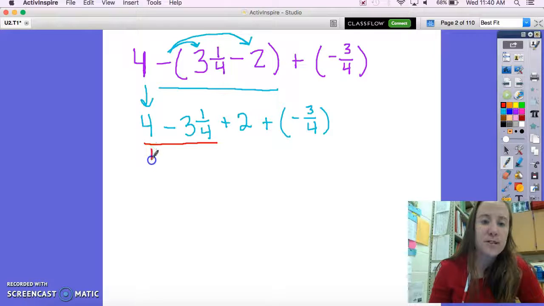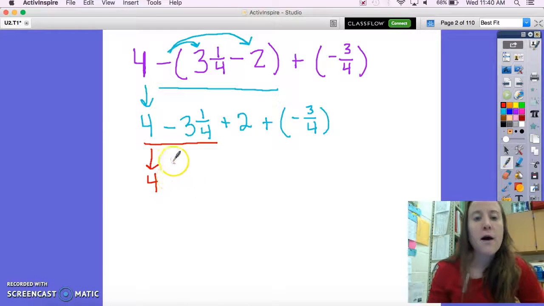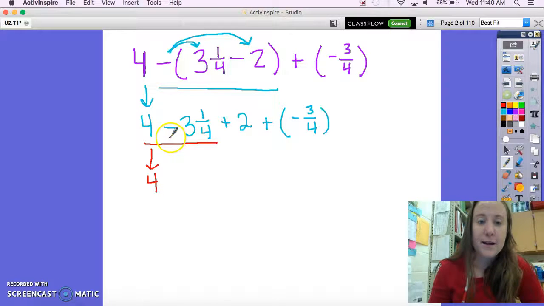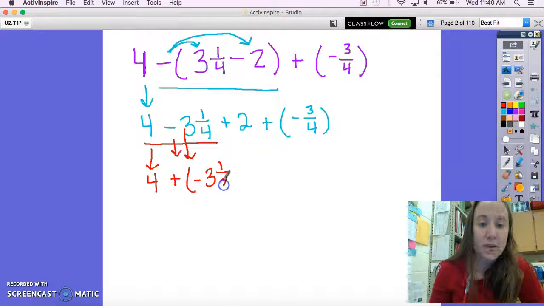So again, this 4 stays the same. I'm going to bring down the 4. We don't change the first number. We talked about add the opposite, where the subtraction sign becomes addition. And by opposite, we mean the second number becomes its opposite. So 4 minus 3 1/4 is the same as 4 plus a negative 3 1/4.